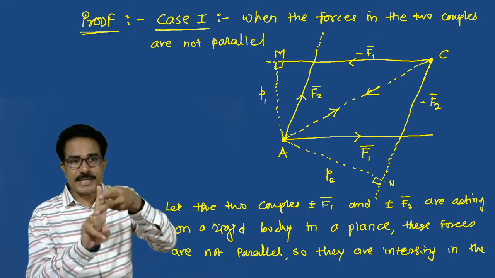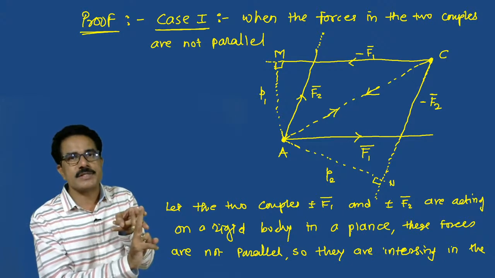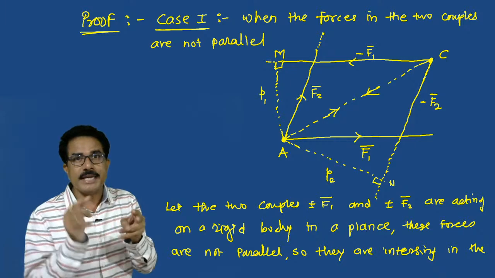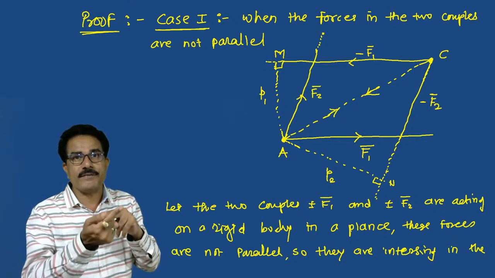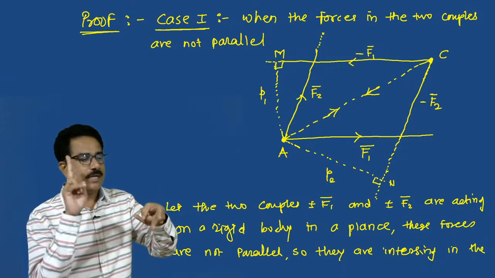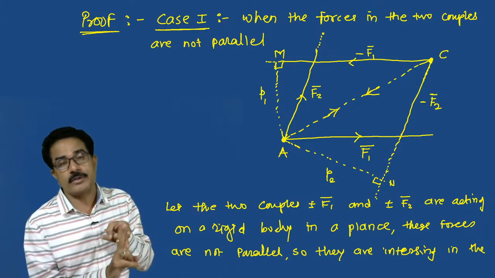Due to the intersection of these four forces, we get a parallelogram because F1 bar is parallel to minus F1 bar, F2 bar is parallel to minus F2 bar, so they form a parallelogram.